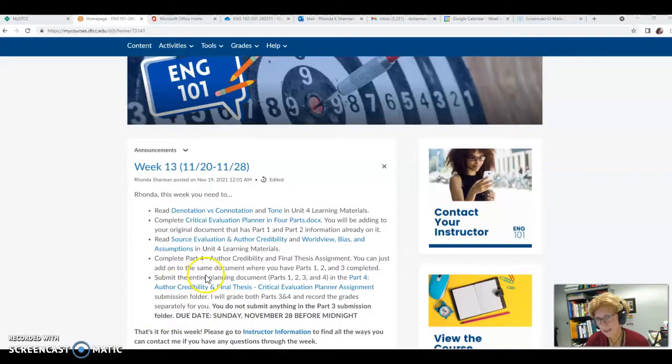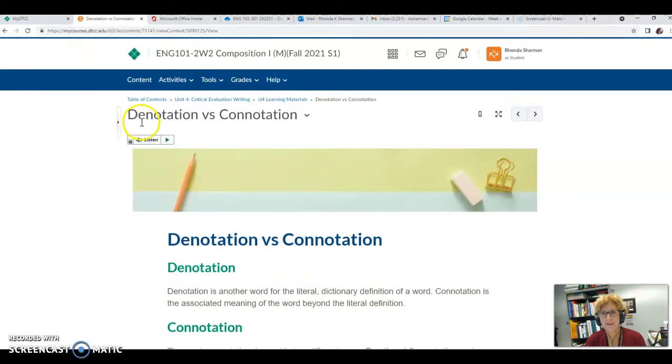Before you get started, however, there is some reading that you need to do. In the announcement, there's a link to some learning materials. You're going to read about denotation and connotation, and you can also access that through the Unit 4 learning materials.